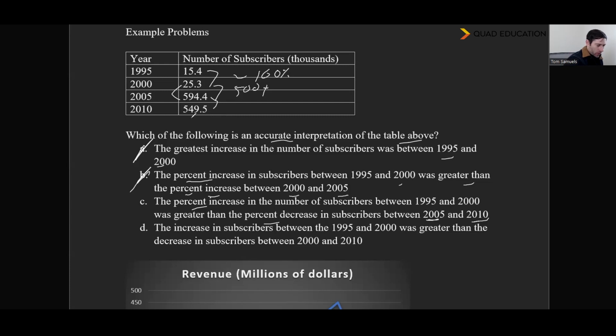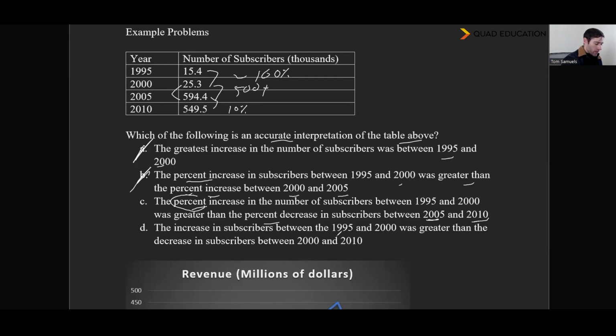We're going down by around 50 or so, which is probably 10-ish percent, and this is super eyeball. If you want an equation for the percent change, we'll do a video about that in the future. That's a great one. So the percent increase between 95 and 2000 was greater than the percent decrease between 2005 and 2010. That doesn't look that bad, because it's just asking about the percent number: up 50% is a bigger increase than down 10% is a decrease. So that doesn't look too bad.